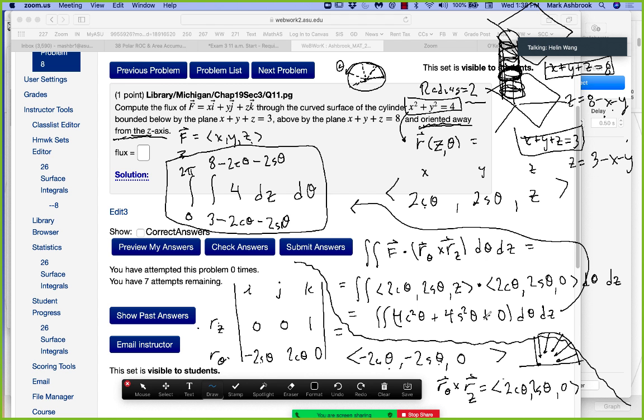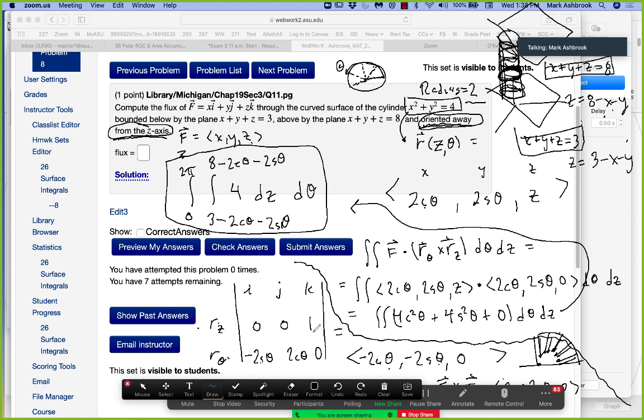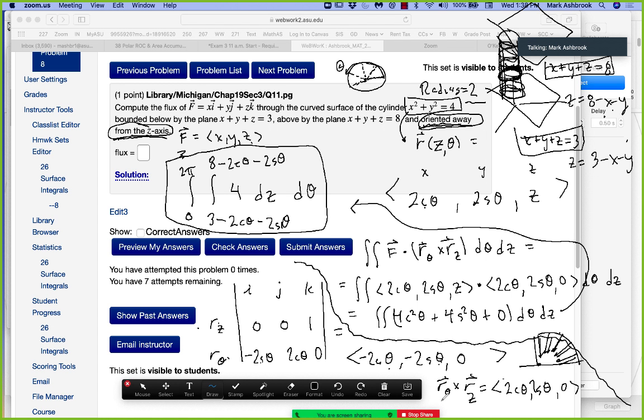Why are we doing that? Because it has to agree with the orientation of the surface. The orientation is away from the z-axis. So this orientation has all these vectors pointed towards the z-axis. That was the wrong order of the partials. So I got to put theta first, and then I get the vectors pointing out away, agreeing with that orientation. Thank you. Yeah, sure. That's okay.